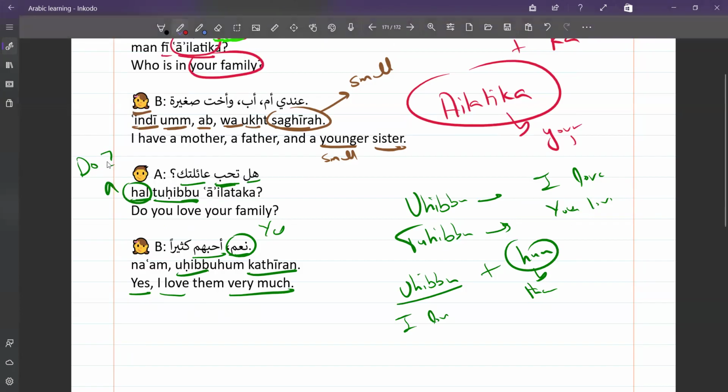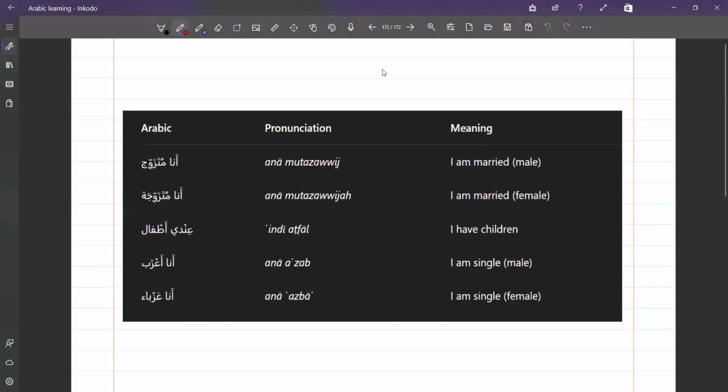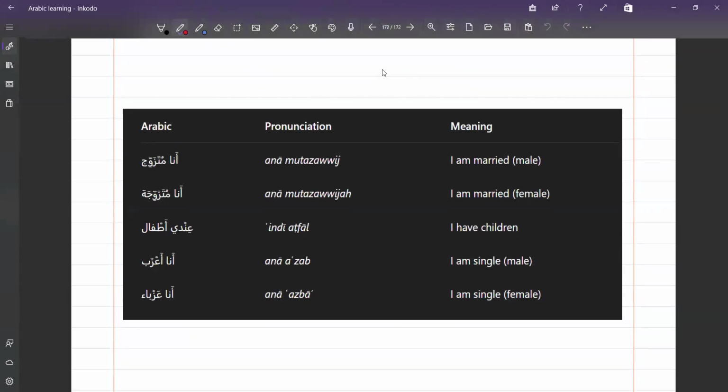Now let's move to the last thing of this lecture. So now let's study relationships, right? So how do we say I am married for a male? He would say ana, meaning I, mutazawwij, meaning I am married.